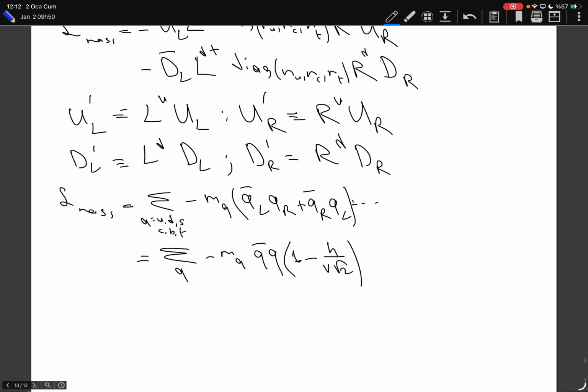So you see, if I know v, which I can determine by the masses of my W and Z bosons, I know how my quarks interact with the Higgs field. If I know the masses of my quarks, I know the interaction of the Higgs field with all the quarks. I know all the coupling constants, so I can calculate all the cross-sections, probabilities, etc. They're all known. And the coupling of the Higgs with any one of the quark fields is proportional to the mass of that quark field. So top quark interacts the strongest, the bottom the second strongest, the up quark the weakest among the quarks.